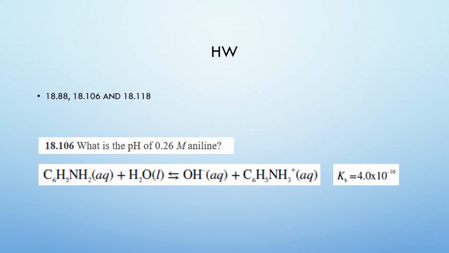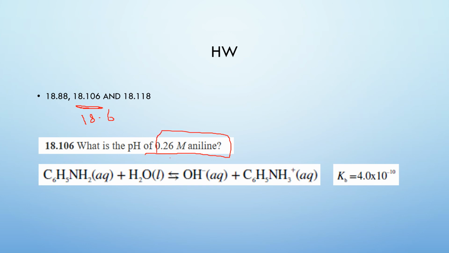So I have one homework question for chapter 18.5, one for 18.6, and then one for 18.7. For 18.6, the problem is 18.106. So this is for chapter 18.6. The problem asks you what's the pH of 0.26 molar aniline, which is an amine.